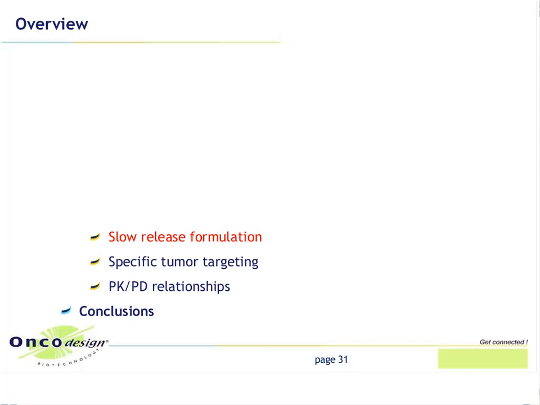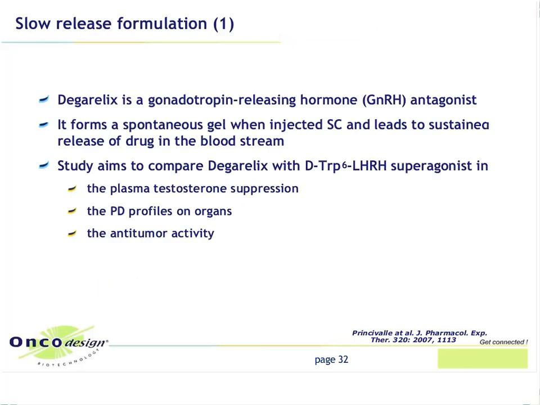Very good one. So here I will speak about Degarelix. Degarelix is now an approved drug since it's a gonadotropin release hormone, named GnRH, antagonist. This drug is a peptide which forms a spontaneous gel when injected subcutaneously and leads to sustained release of drug in the bloodstream.